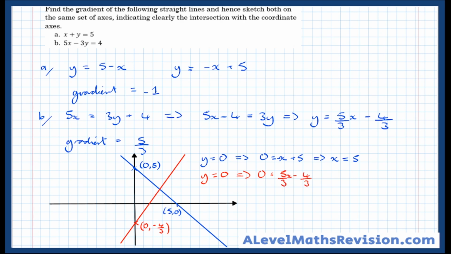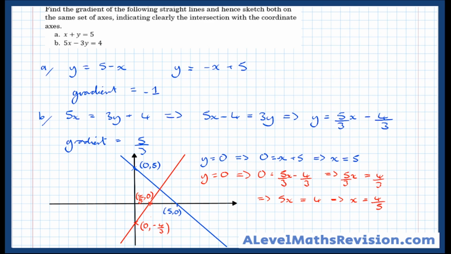Rearrange it, which means that 5/3 x equals 4/3, times both sides by 3. That means that 5x equals 4, which means that x equals 4/5. So labeling that point on the diagram, we've got 4/5, 0, and there we have it.